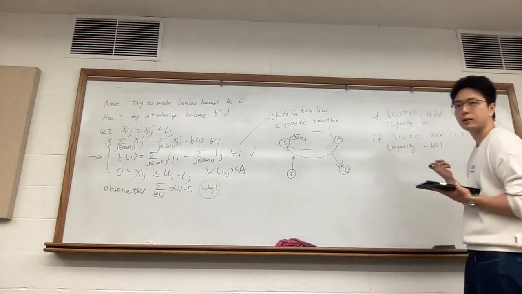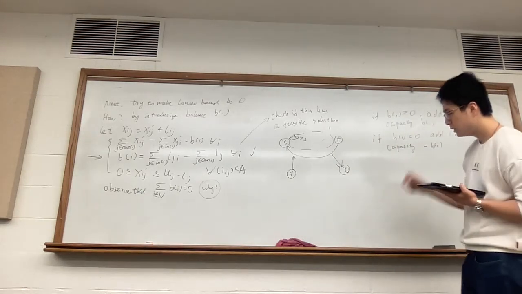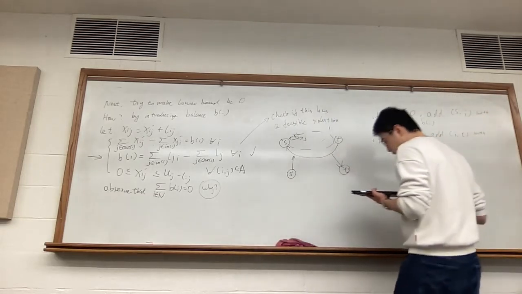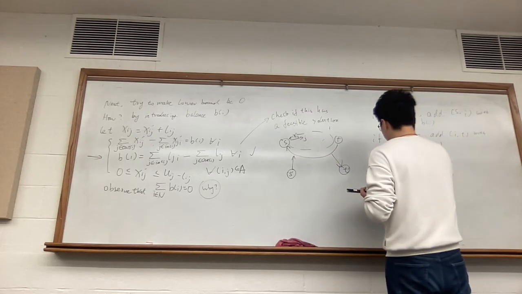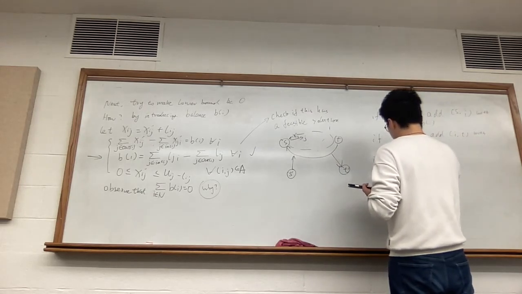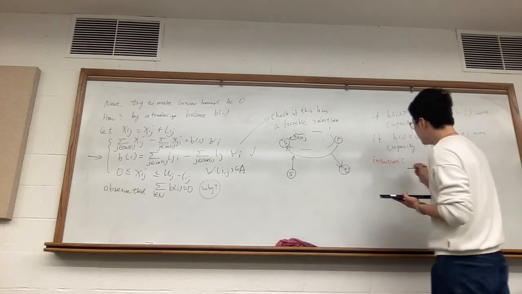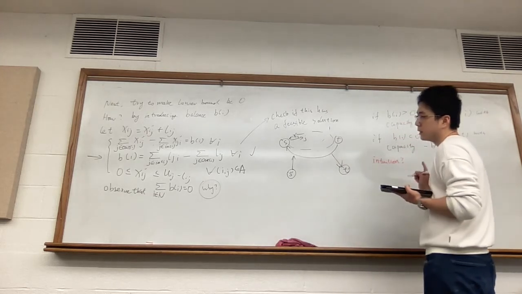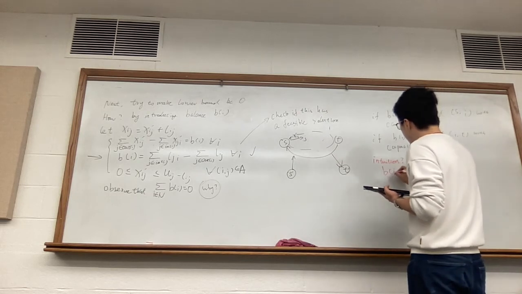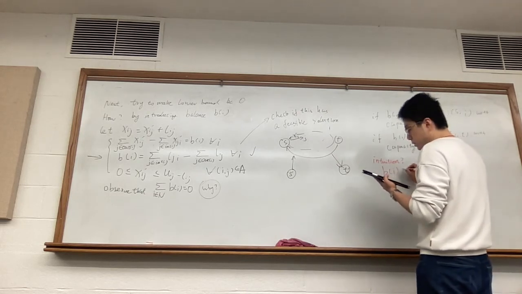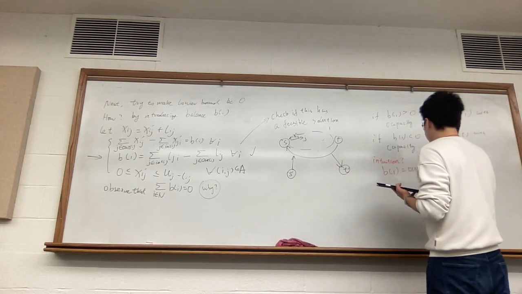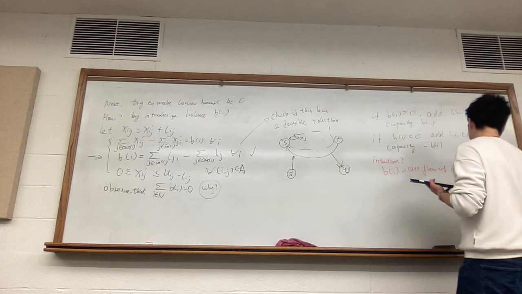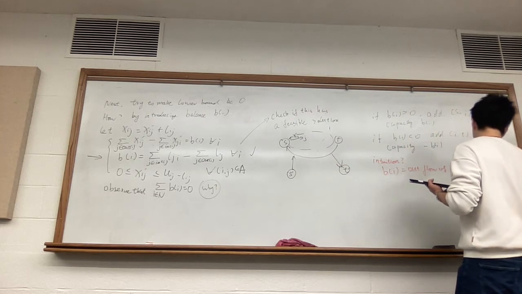What is the intuition behind it? Because we know that when we are calculating in our flow problems, BI equals the total outflow of I minus the total inflow of I, right?